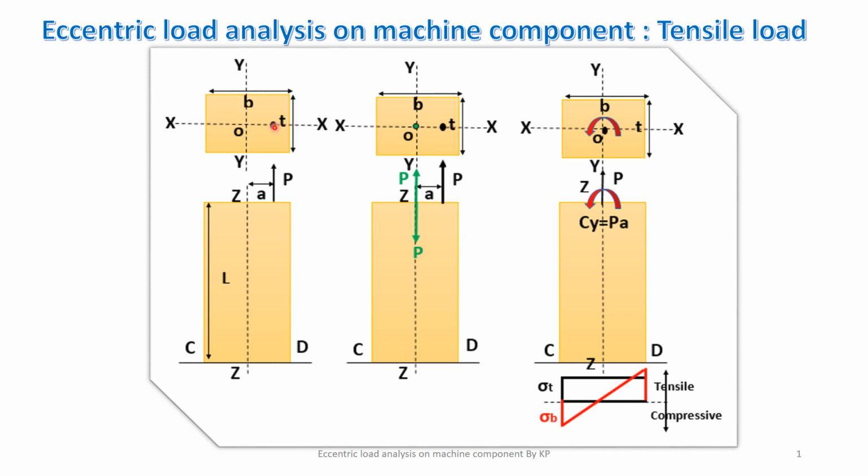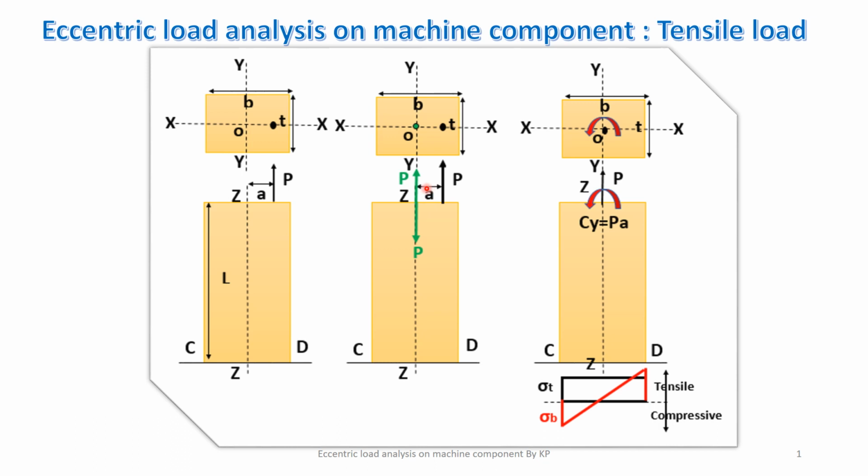Now here in this figure, this point shows the point of application of this tensile load, and this is on the XX axis. Here in this cross section, this black point is the point of application of this tensile load P, and here at the center we produce two forces whose value is equal to P and P.